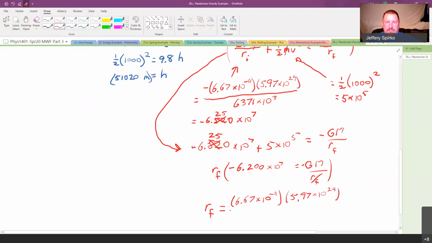That's capital M. We have to divide both sides by 6.2 times 10 to the 7th. And we get R final is 6.67 times 10 to the minus 11th times 5.97 times 10 to the 24th divided by energy final.